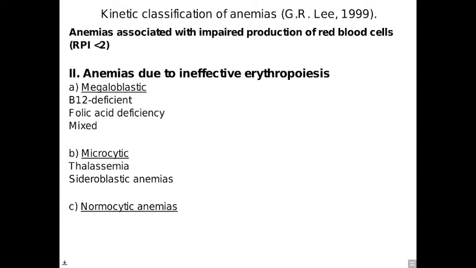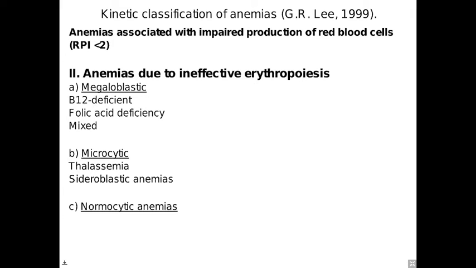The second part of the anemias with impaired production, when the RPI is less than 2, is due to ineffective erythropoiesis. First, the megaloblastic type, commonly B12 deficiency. Folic acid deficiency, quite similar to B12, or maybe a mixed type.